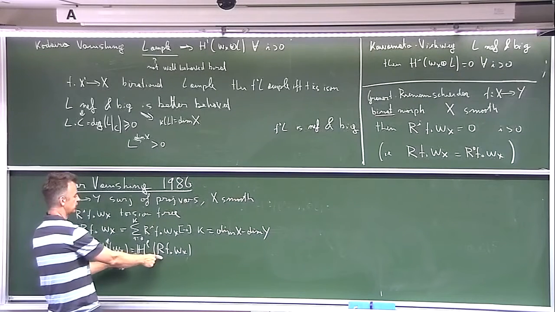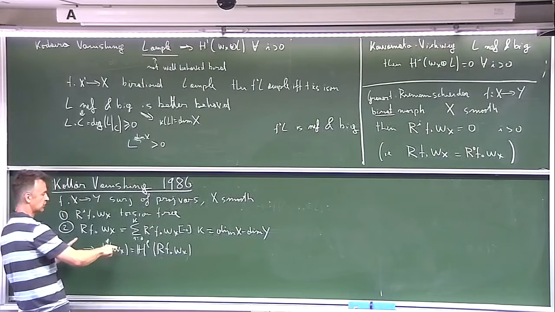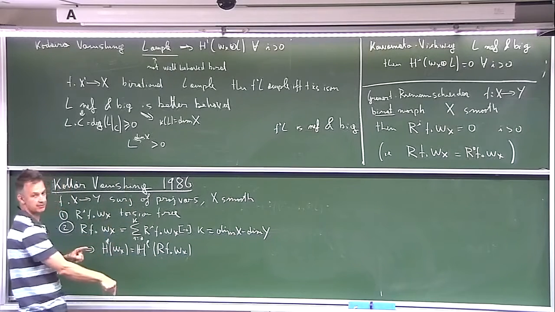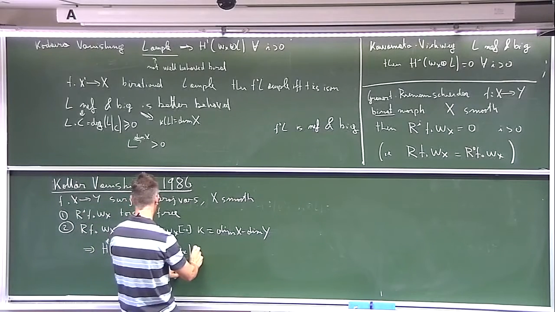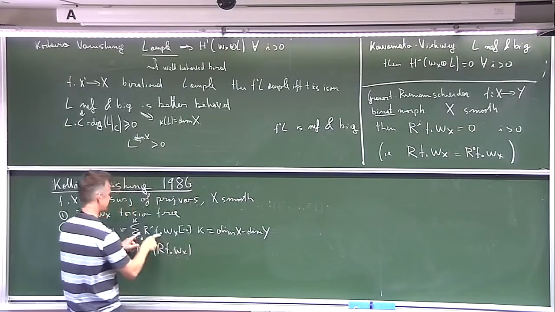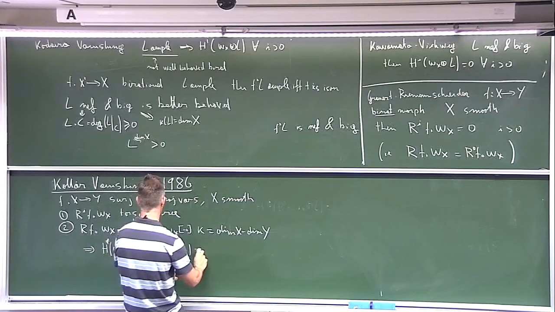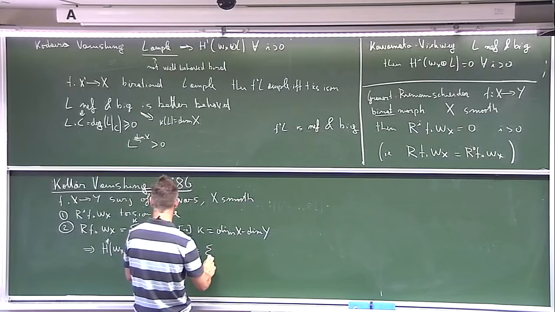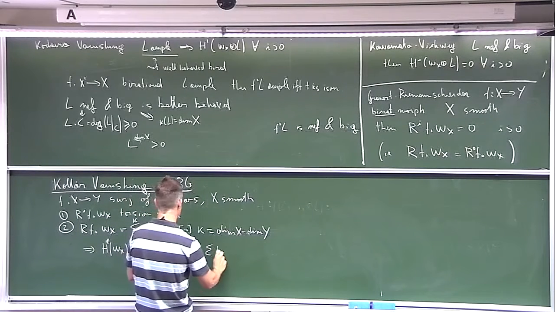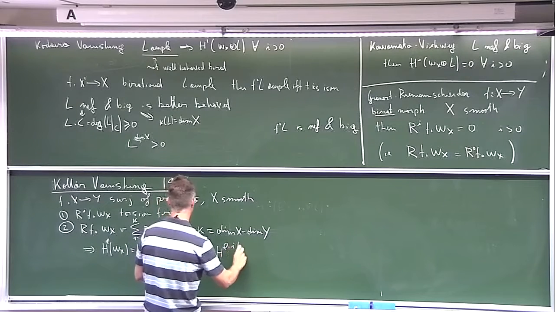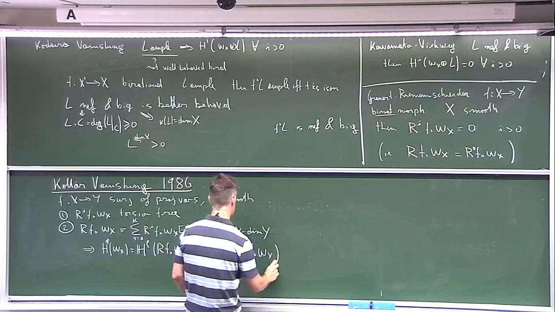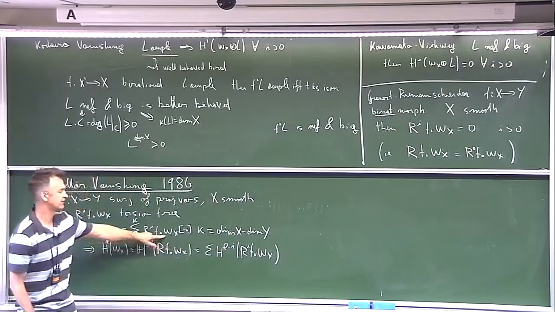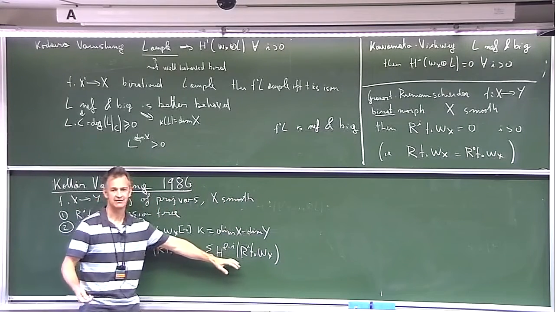So here I can view it as push forward to Y, and then push forward to a point. It's the same thing. But the interesting thing is that since this splits as a direct sum, this is equal to the sum of H^(l-i) of R^i f_* omega_X. And of course, this shift is what aligns everything in the right degree.